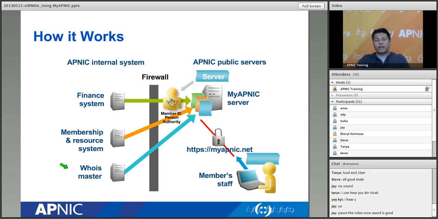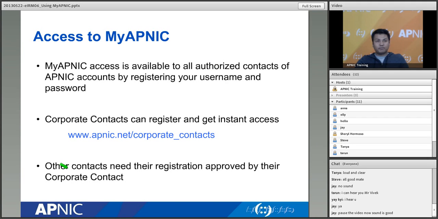Before we had this MyAPNIC system, all the interaction was done manually through phone, chat and email. So if you needed to make any Whois updates, you would have to complete text forms and email them to us, and then we would process them manually for you. This system has now fast-tracked that process and given you the opportunity to make your Whois updates instantly yourself. So it's good to know about these features.